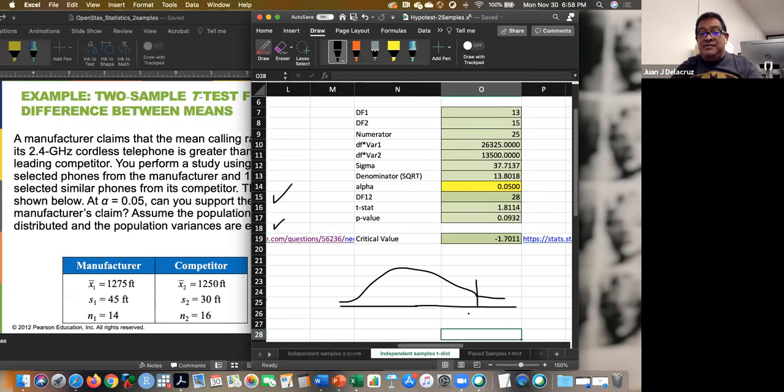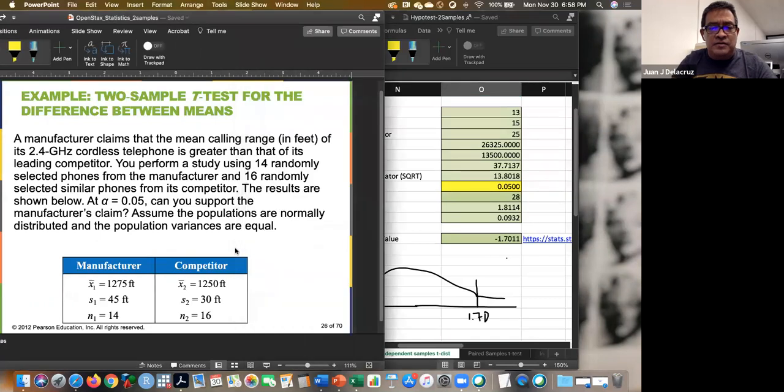So my critical value is going to be 1.70. Once again, I am using the positive value when it's right, and I'm using the negative value if it was a left tail test. So I have a t-test that is 1.8. Huh, hold on.